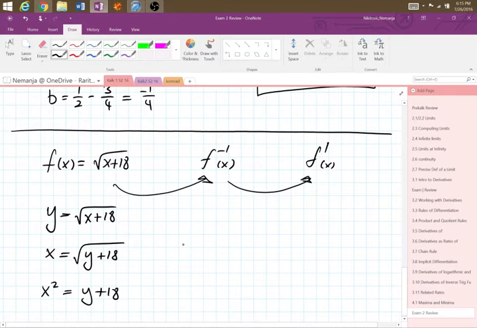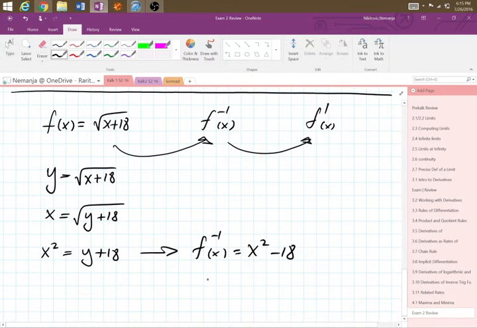So the inverse function is given as x squared minus 18. And now we find the derivative of the inverse function, which is going to be 2x.